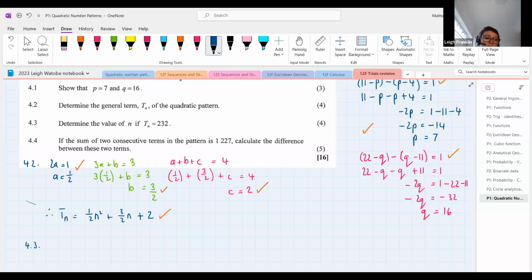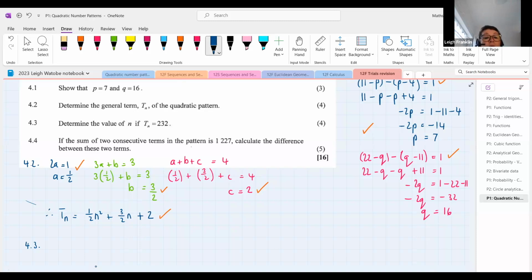That's because we're talking about term number 1 or term number 2 or term number 3 or term number 10. You can't have term number 10.35 or term number 20 and a half. They have to be natural numbers. So if you end up factorizing and it doesn't work, or you end up getting decimal places, then you've probably made a mistake in calculating your A or your B or your C. So you can go back and have a look at that.